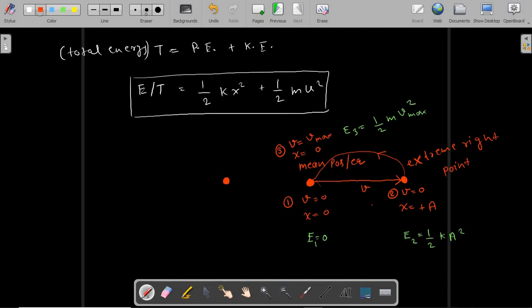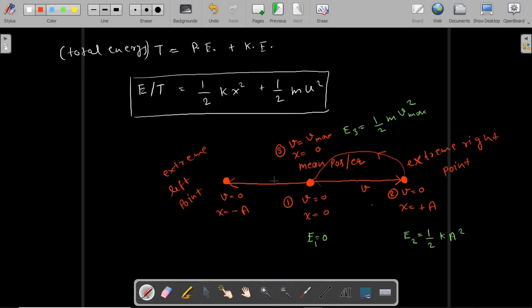Now with that v max, it will come to the extreme left point. At the extreme left point, v will be 0 and x is equal to minus A, because it is in the left direction.